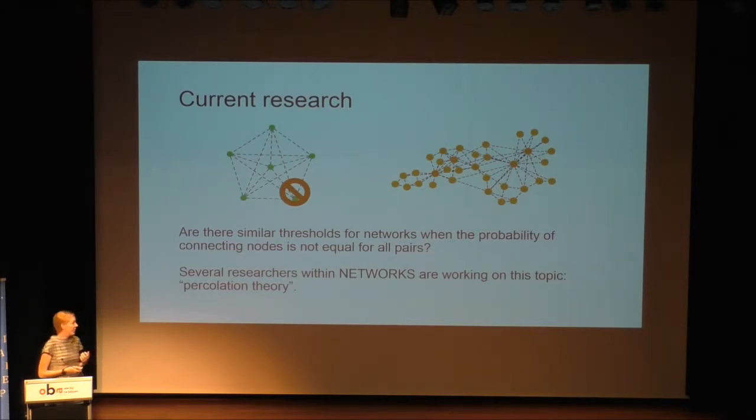And what is this threshold? And actually several researchers within this networks consortium that Frank was mentioning at the start of the evening are working on this topic. It's called percolation theory, and it both has applications, but it's also very beautiful mathematics.